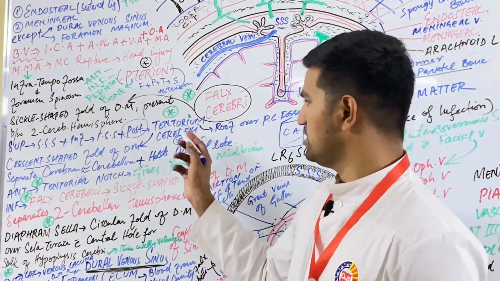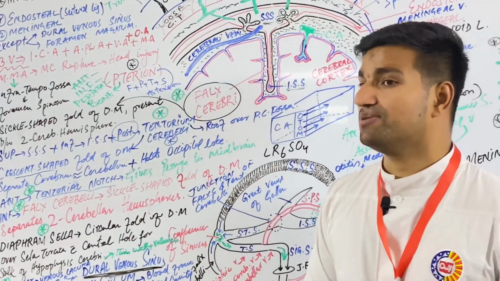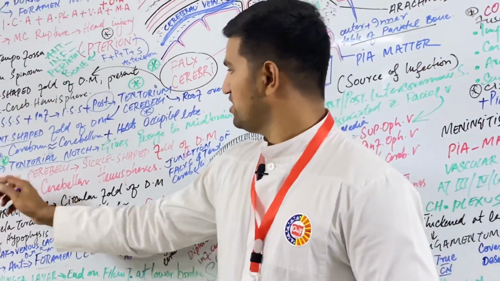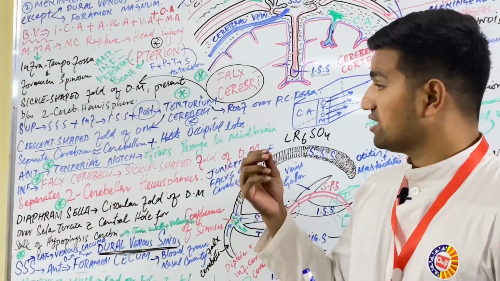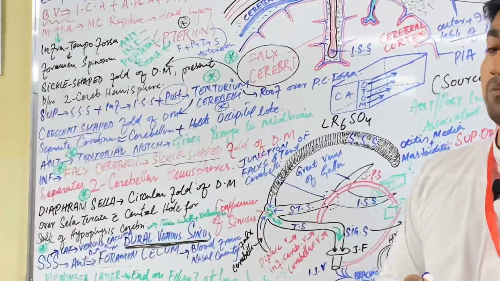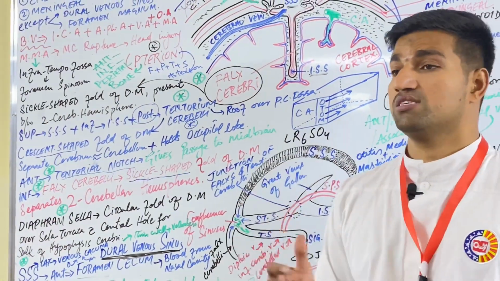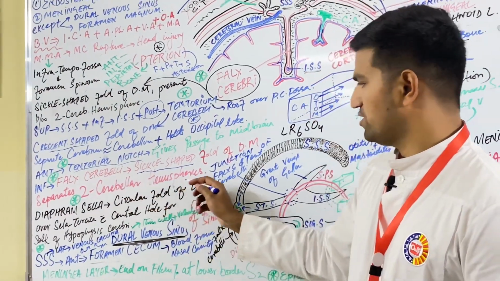Anterior to the tentorium cerebelli we have the tentorial notch, which gives passage to the midbrain or mesencephalon. Inferior to the tentorium cerebelli we have the falx cerebelli, again a sickle-shaped fold of dura mater, which separates the two cerebellar hemispheres.